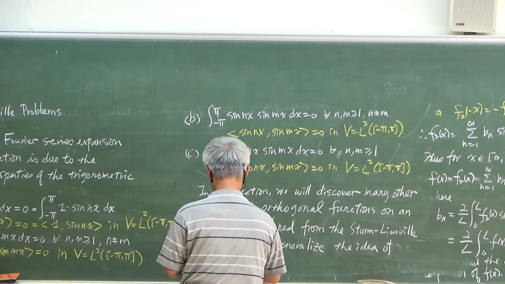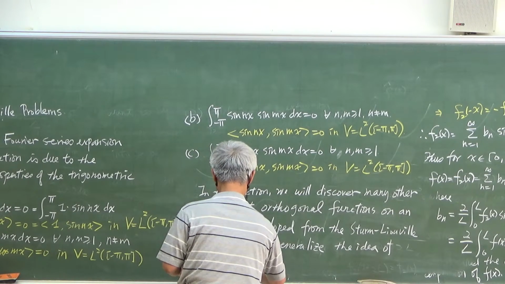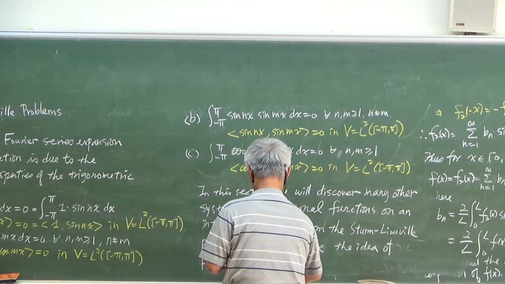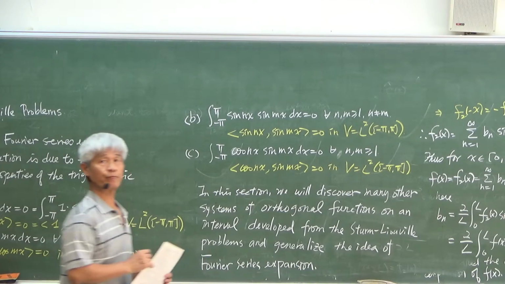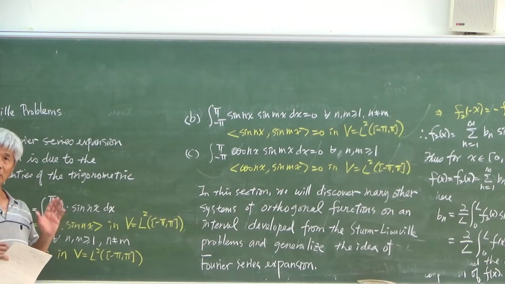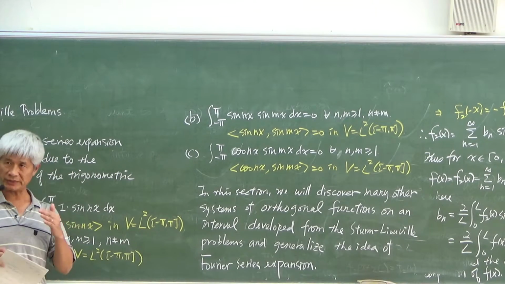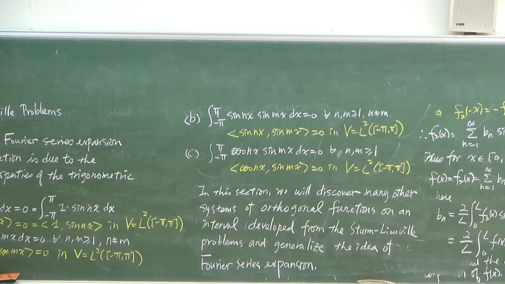Generalize the idea of Fourier series and extension. So the point is that Fourier series extension is just one of many orthogonal extensions you can have. So the trigonometric system is just one of many orthogonal systems of functions. Okay? So this is the idea.